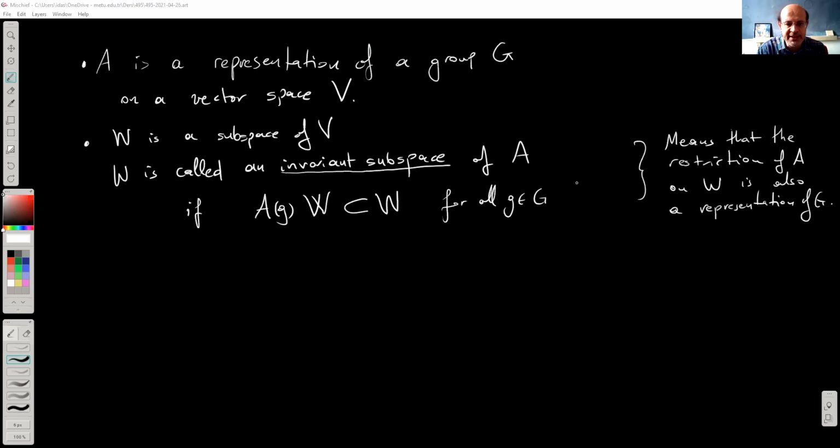Let's just remember this definition first. So we're talking about the representation. I'm going to use different letters for this. It's a representation of a group. And since it's a representation, it's a matrix, and that matrix acts on some kind of a vector space. This is usually column vectors, since we are talking about matrices, but sometimes we may want to think about abstract vector spaces.